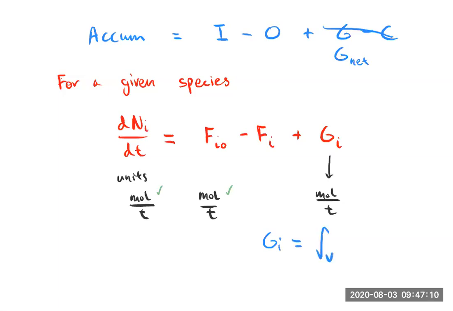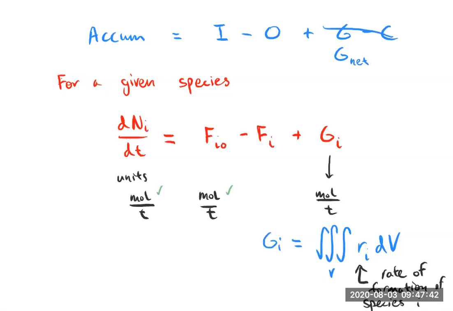So we're going to represent it here as a triple integral across whatever three coordinates or dimensions represent volume, of r sub I dV. You'll remember from the previous material that our r sub I here is the rate of formation of species I. So this is where we've made the connection.